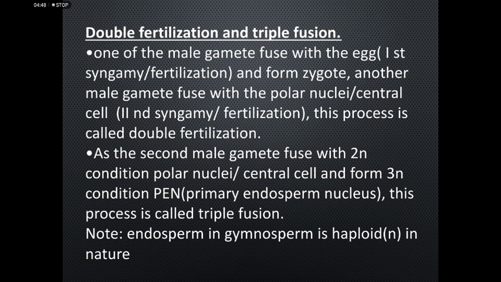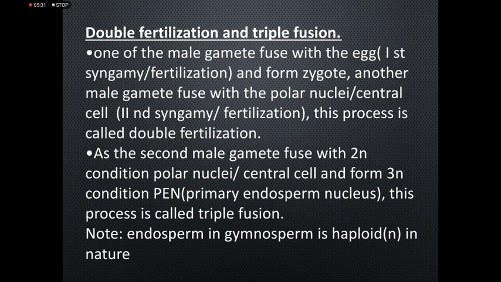Another male gamete fuses with the polar nuclei or central cell, that is second fertilization, not syngamy, because syngamy means fusion of male and female gametes. Here one is a male gamete and another is polar nuclei, so it is second fertilization. This process is called double fertilization. That means two fertilizations take place: first between one male gamete and an egg, and second between the second male gamete and the polar nuclei.